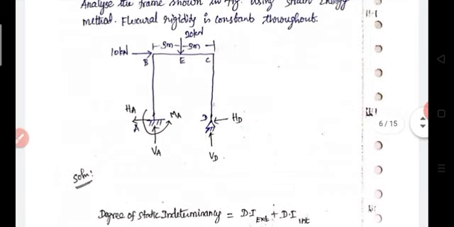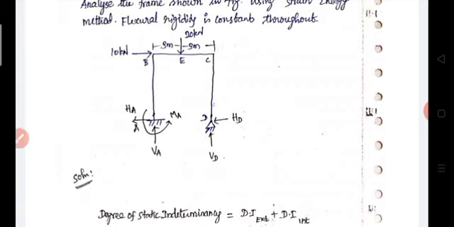Then internal indeterminacy is equal to 3c, three times the number of closed cuts. This is for 2D frames and beams. In this case there is no closed cut, no box type of structure.